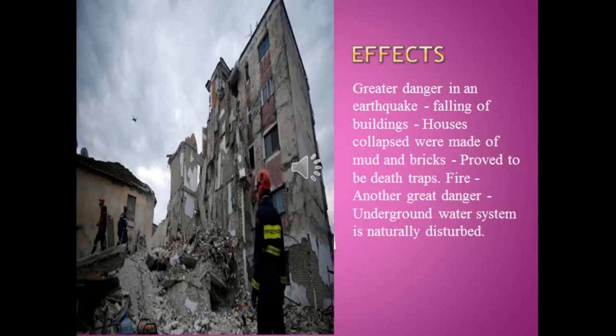These buildings proved to be death traps. Another important danger is fire. So there is a chance of getting fire. Then a notable one is that the underground water system is naturally disturbed. If an earthquake occurs, it disturbs the underground water.